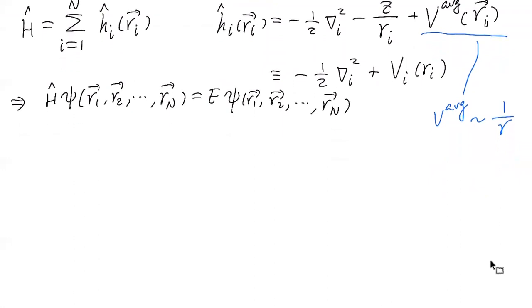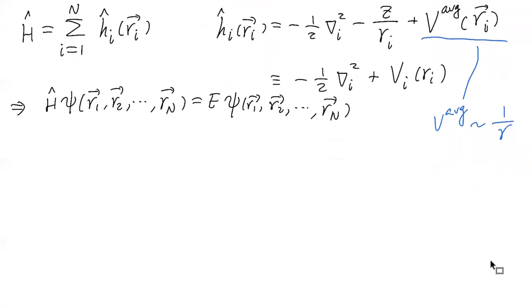If your Hamiltonian can be written in this way, by introducing what we have just said previously, then you can use the separation of variables. And actually in 1928, Hartree proposed a way to do this.